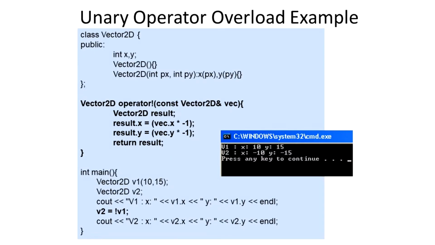So in this example, we're going to be overloading the exclamation mark to reverse the coordinates of a vector.